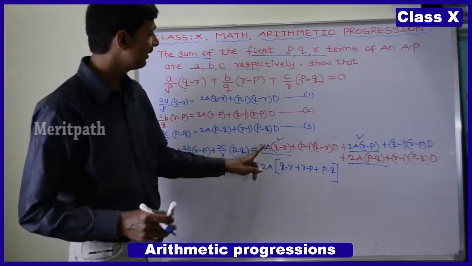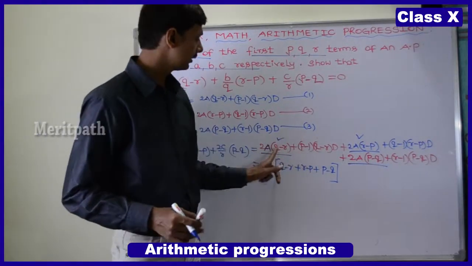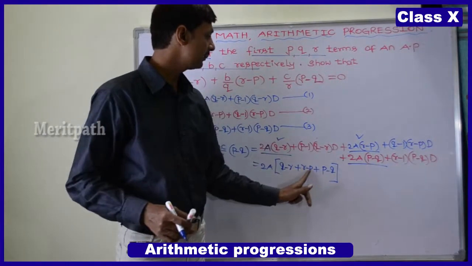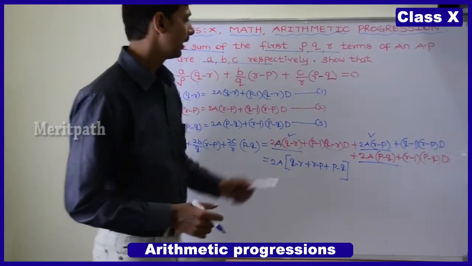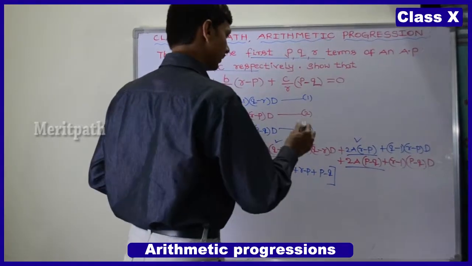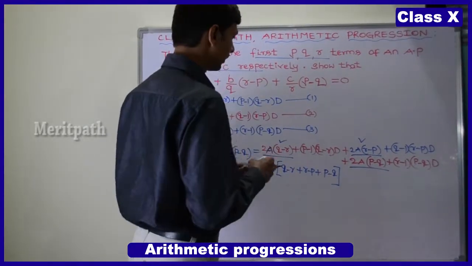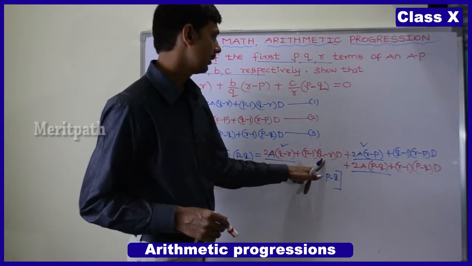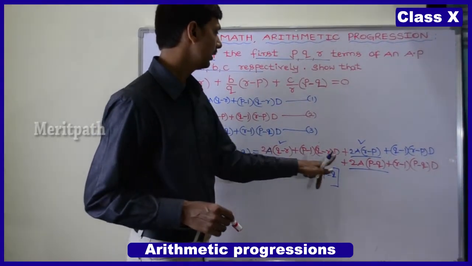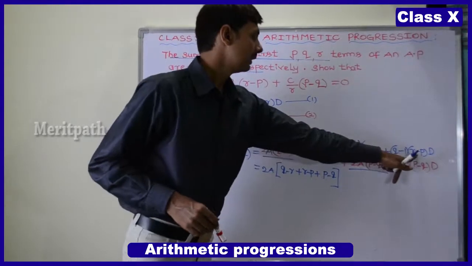Let us recall again. We have taken this 2a in common, then q minus r, r minus p, p minus q we got here. And in these terms, we can observe there is a q minus r here, there is a p minus 1 into D, and this is different.